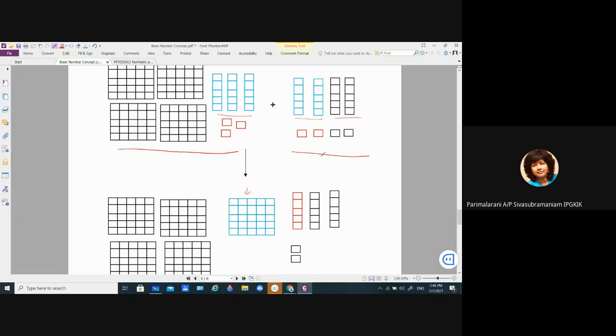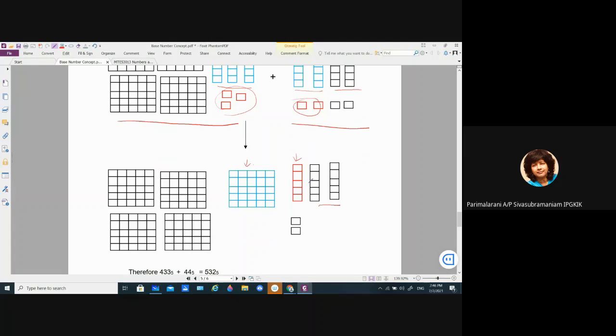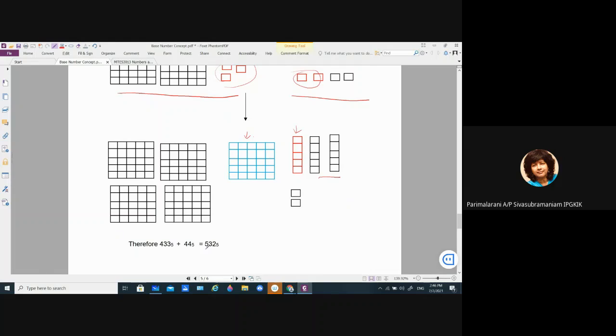So we have 2 fives remainder, and these 3 ones combined with these 2 ones make a new five. So our final answer is we have 5 twenty-fives, 3 fives, and 2 ones. So our answer is 532 base 5.